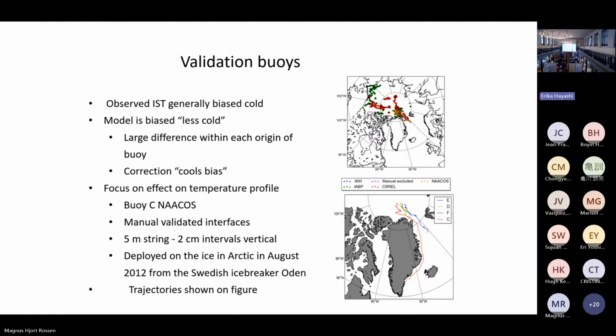And then there's also the fact that the buoy moves around on the floe. So it has a Lagrangian flow, whereas the model has individual grid points, and it just selects the closest grid point to that particular position in time and space.